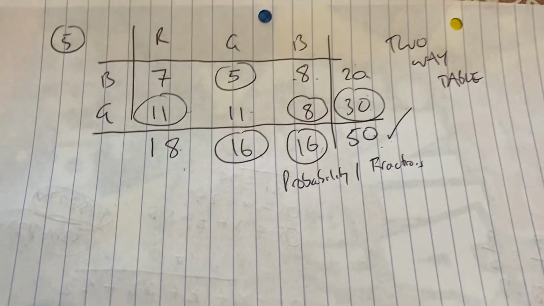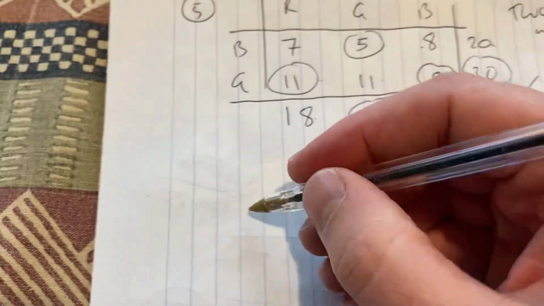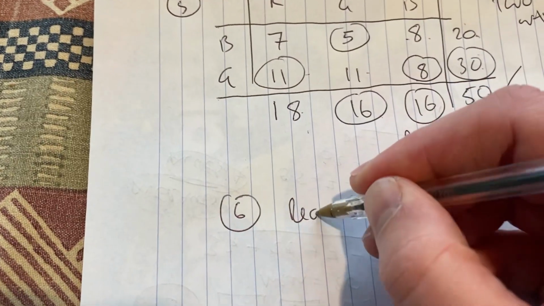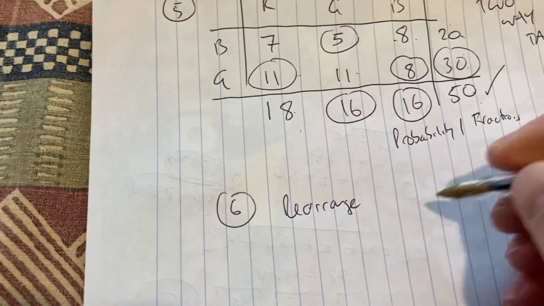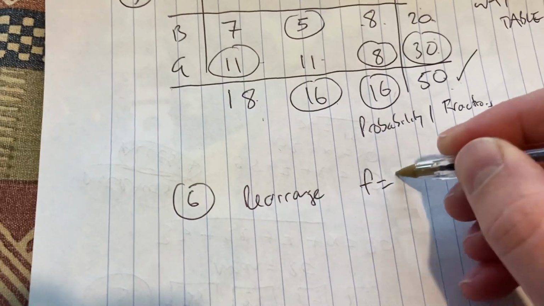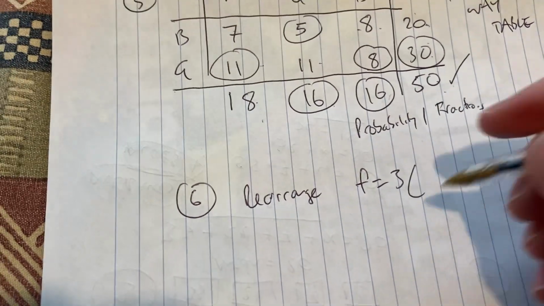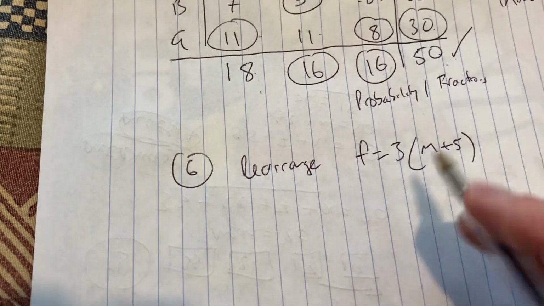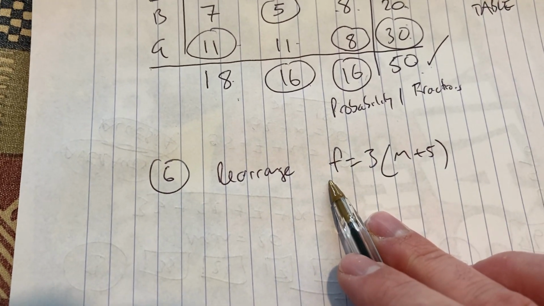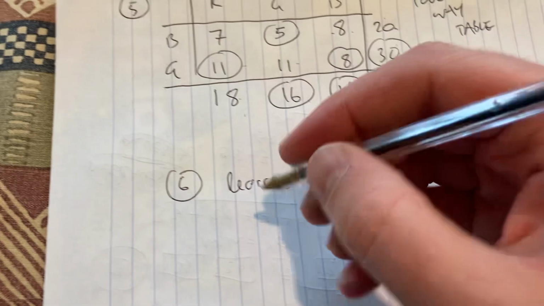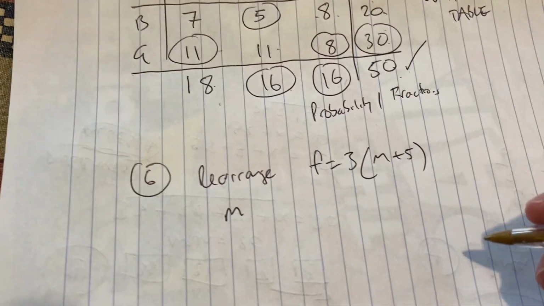Okay, one last question for today. We're going to do a little bit of algebra. It asks us to rearrange F equal to 3 bracket M plus 5, and we're going to make M the subject of the formula. So M is going to be the subject.